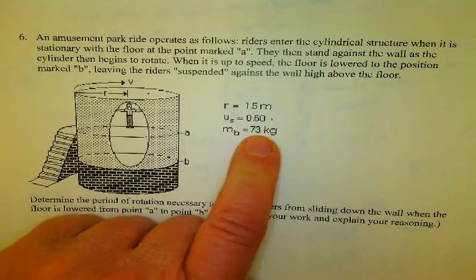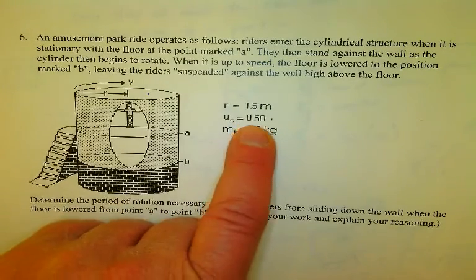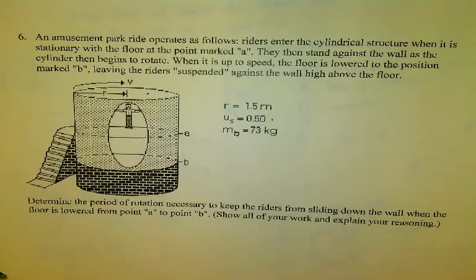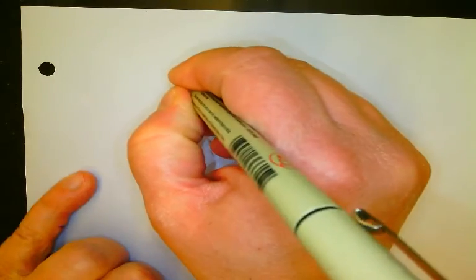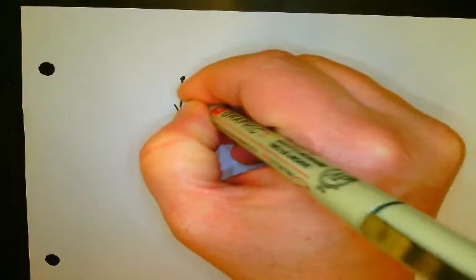So here's the mass of the rider, here's the radius of our circle, and here's friction. So what would our force diagram for this be? So let's draw this. This is different because normally we're used to tension and all that good stuff. So my rider is my point mass. So we have the weight of the rider. Do you agree?